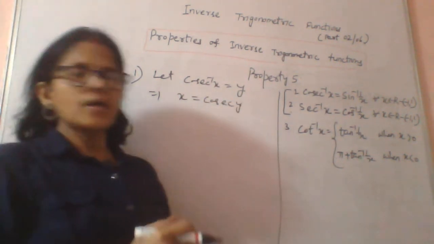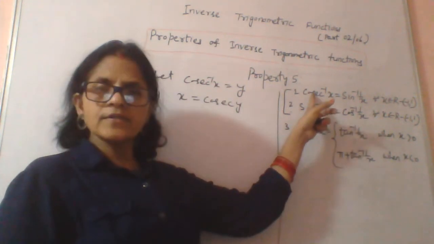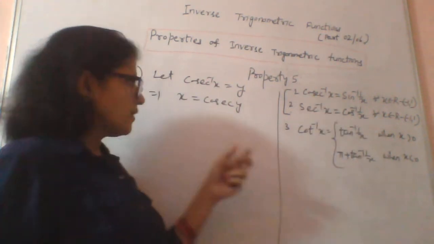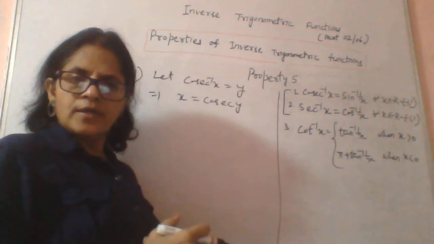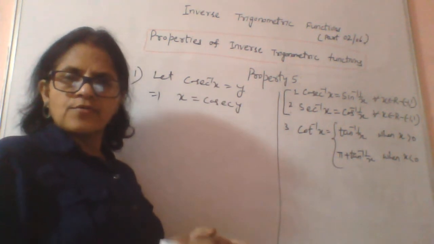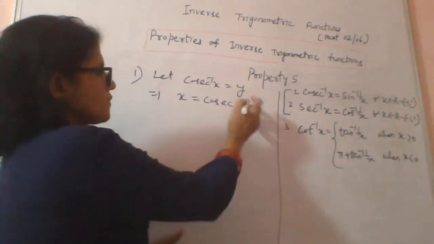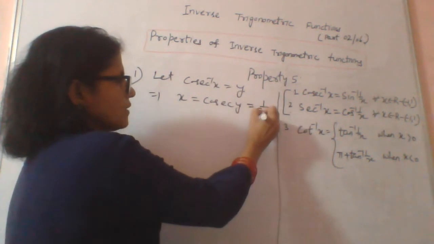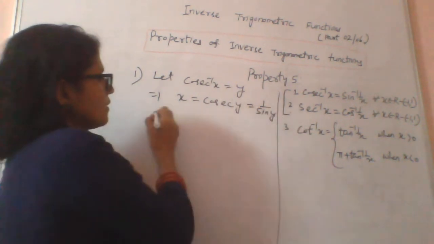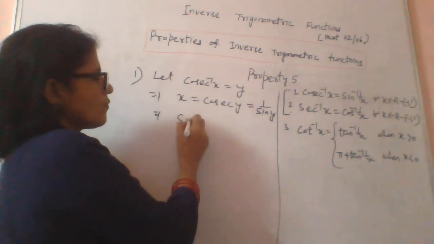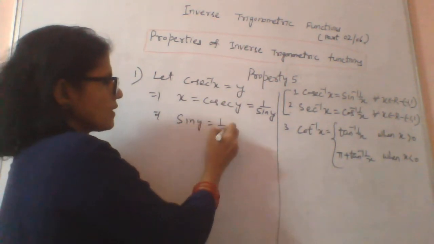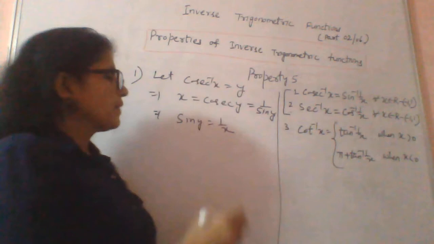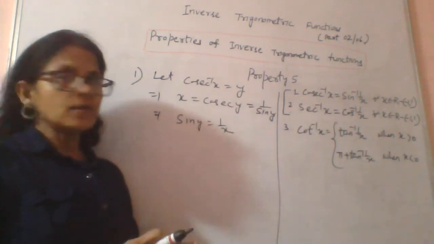As we are going to link cosec inverse and sin inverse, we have to convert cosec to sin. So cosec y equal to 1 by sin y, right? It means sin y equal to 1 by x. Here of course x not equal to 0.